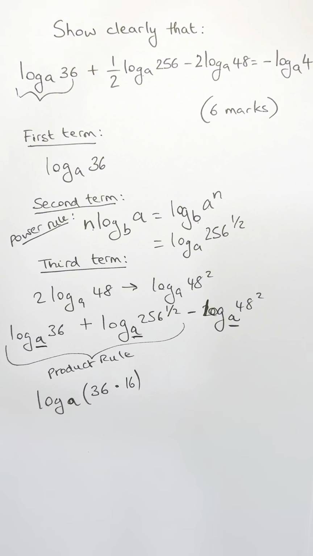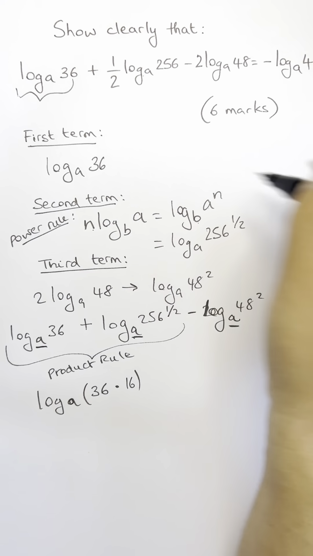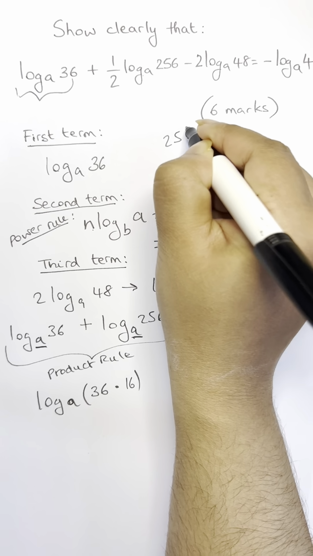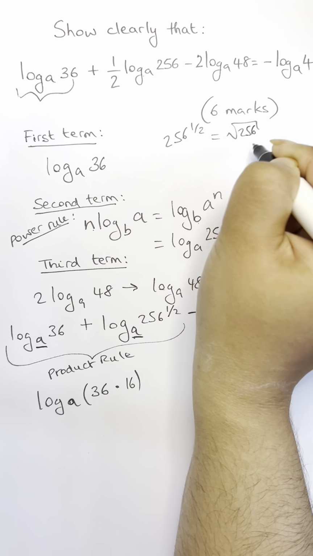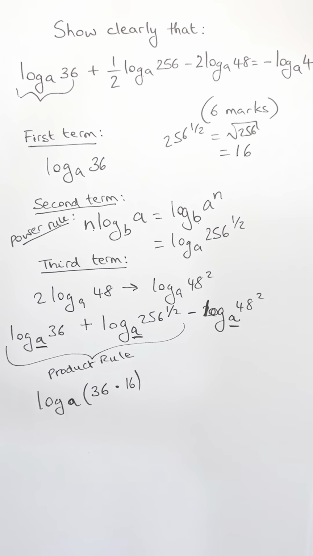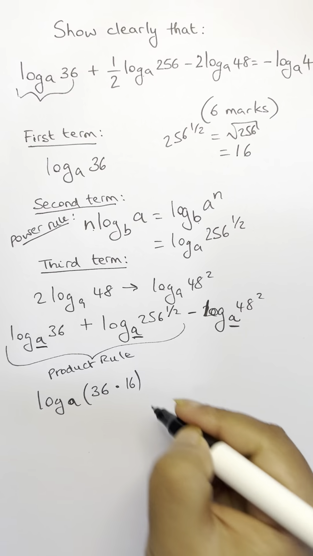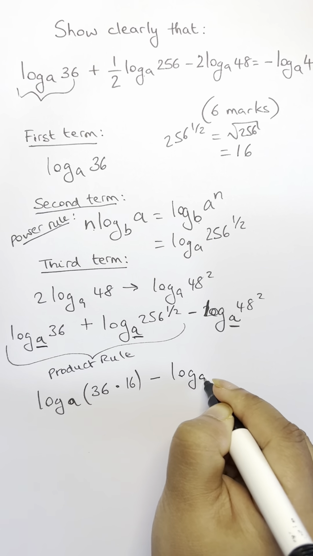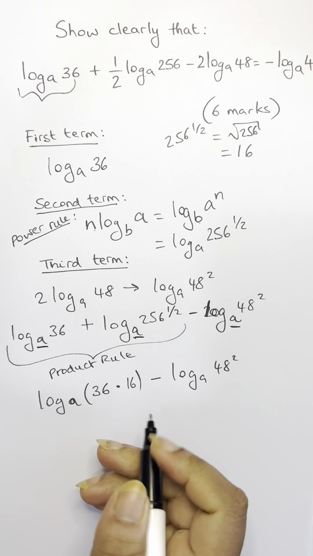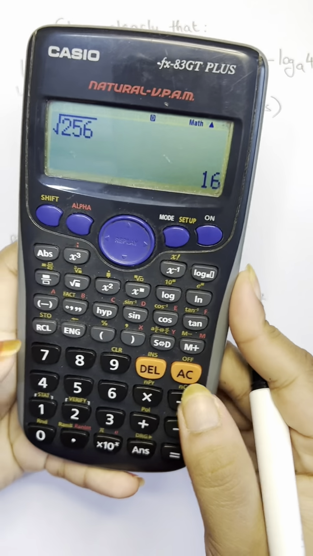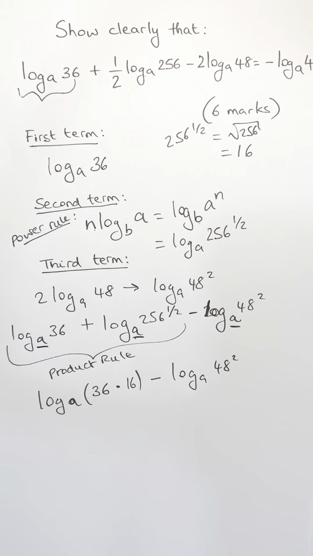Does it make sense where the 16 came from? 256 to the power of a half is simply the square root of 256, and that is equivalent to 16. So log base a of 36 times 16, take away log base a of 48 squared. 36 times 16 is 576.